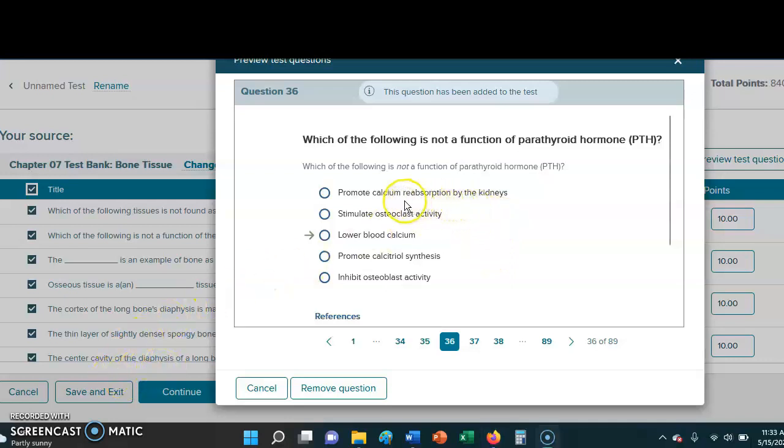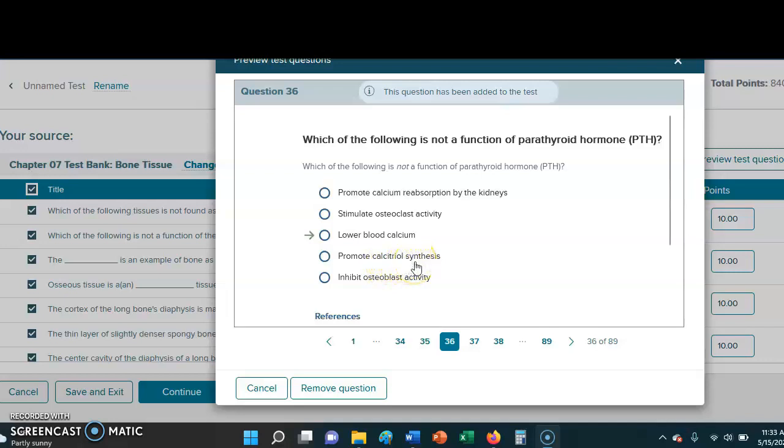So if we look at the other options, promote calcium reabsorption, that is true, right? If you reabsorb more calcium, you have more calcium in your blood, which is the function. Stimulate osteoclast activity. Obviously, the osteoclast is going to remove the calcium from the bone to put it in the blood, so the calcium levels in blood increase, which is the function of parathyroid hormone. So the next option is promote calcitriol synthesis.